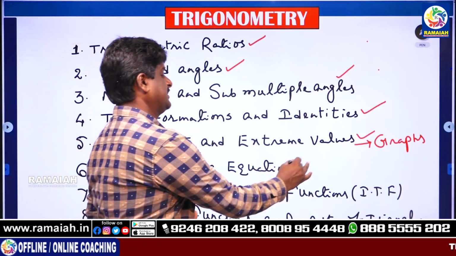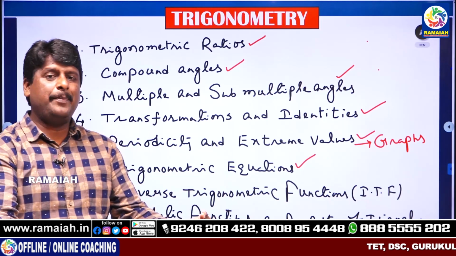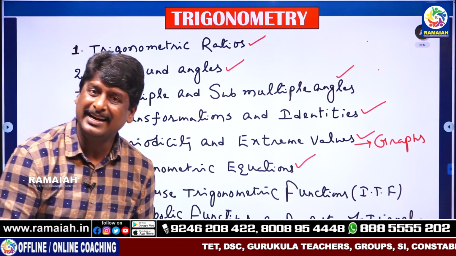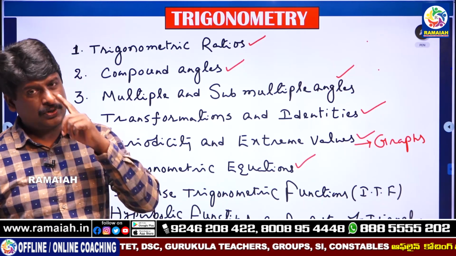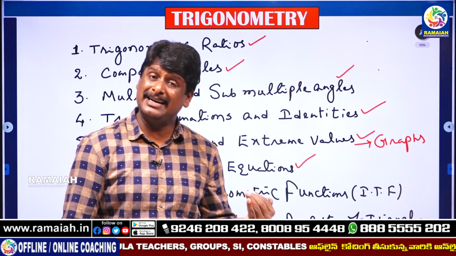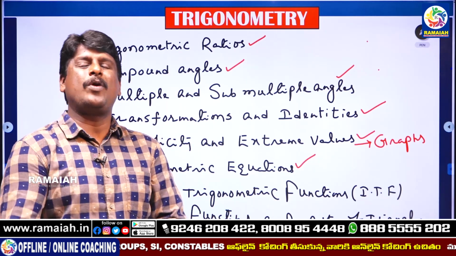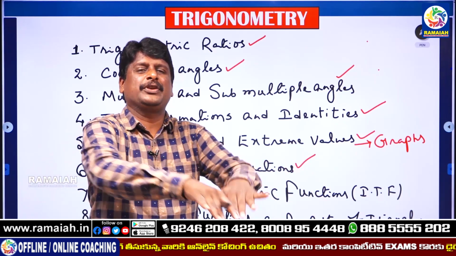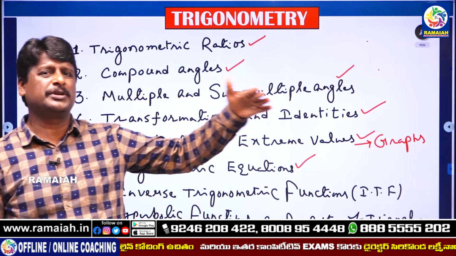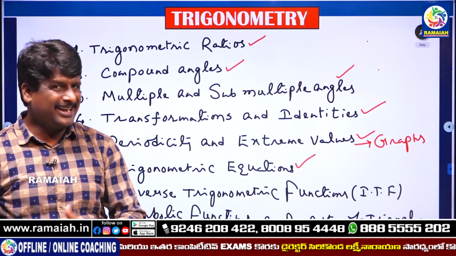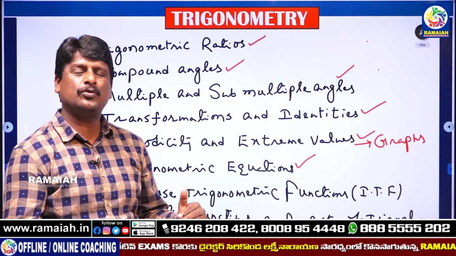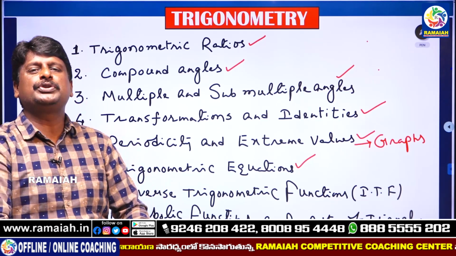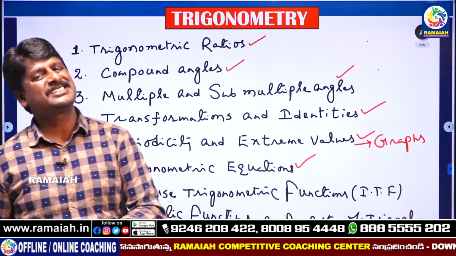Next, trigonometric equations. We already know about algebraic equations: how to solve them, what the solution is, the number of roots, and the relation between roots and coefficients, for quadratic equations, cubic equations, biquadratic equations, etc. Here we are going to deal with trigonometric equations also.